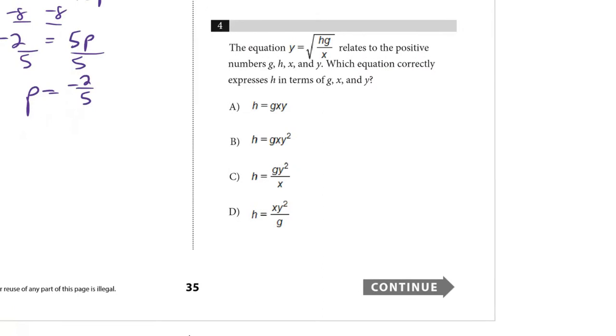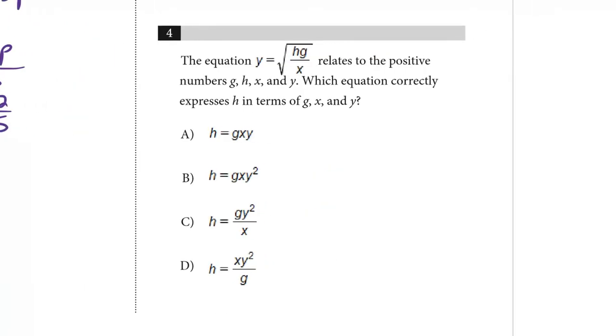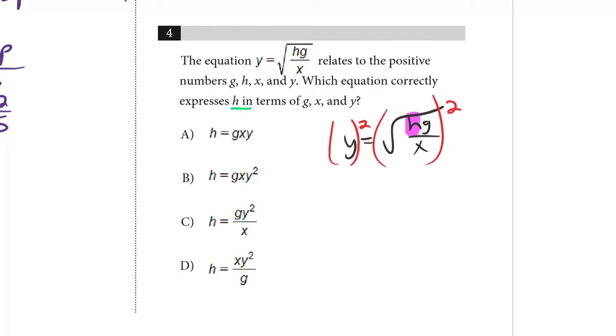Now we're looking at number 4 here. Let's zoom this in a little. Okay, so this equation is asking us to get h in terms of the other variables. So starting it out, we've got y is the square root of hg over x. So to get the h by itself, we're going to want to get rid of that radical. So let's do the opposite of a square root, which is squaring. So we've got y squared equals hg over x.